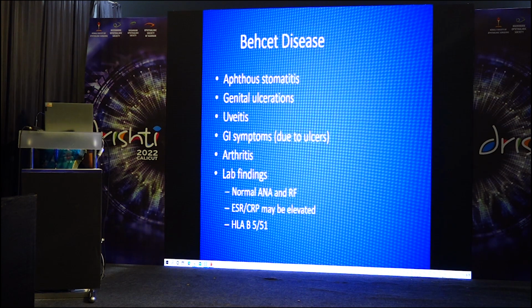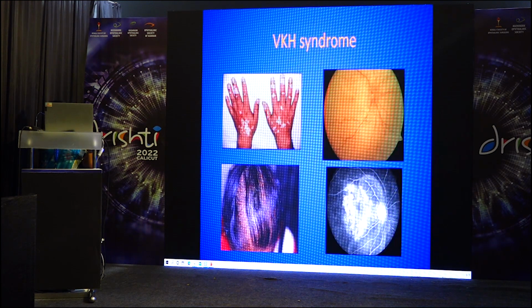He also had genital ulcers, GI symptoms and arthritis. So the diagnosis here is Behçet's. Lab findings include raised ESR, CRP, and HLA-B5 or B51 may be elevated. Your rheumatology friend may help you in further managing this patient.